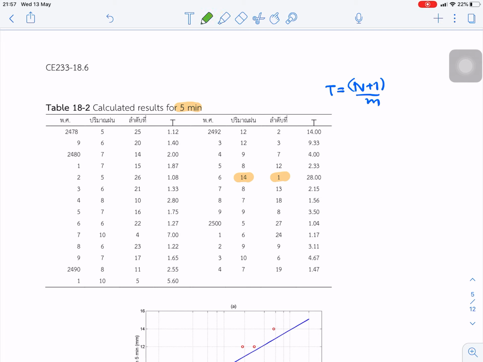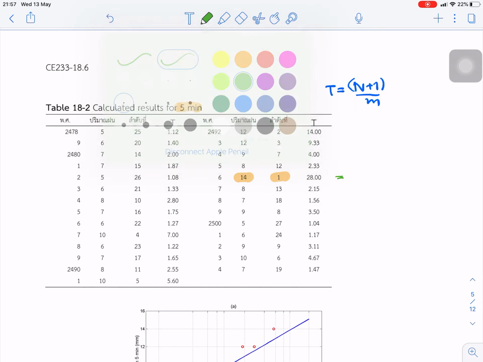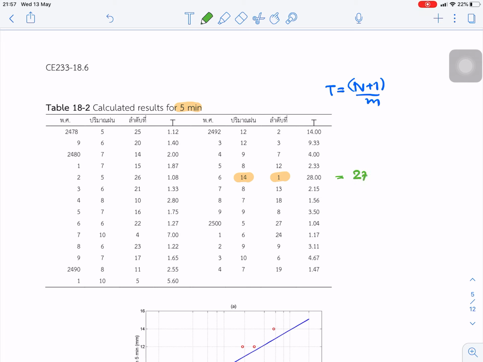This return period is equal to the number of samples, 27, plus 1, divided by ranking 1, so we got 28. For ranking number 2, it's 27 plus 1 divided by 2, so we got 14. That is how to calculate the return period based on this equation.